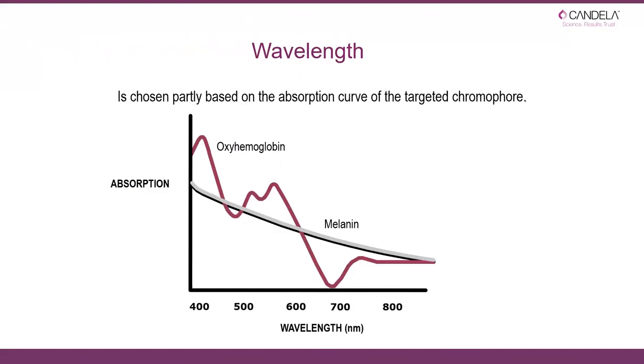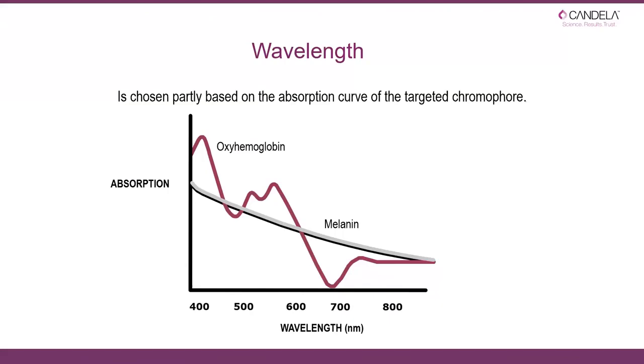So the wavelength, here we have to think about our absorption curve. Various different wavelengths will absorb to a greater or lesser extent into whatever our target chromophore is. And today we're looking obviously at hemoglobin, and in this chart we're actually using oxyhemoglobin.